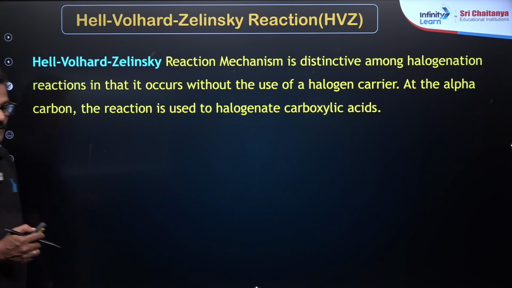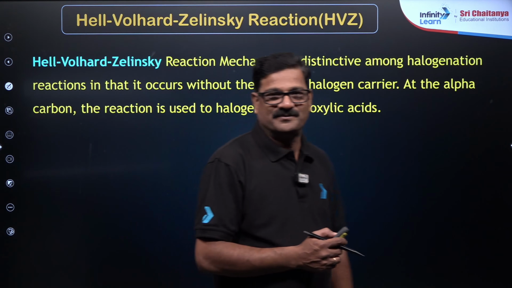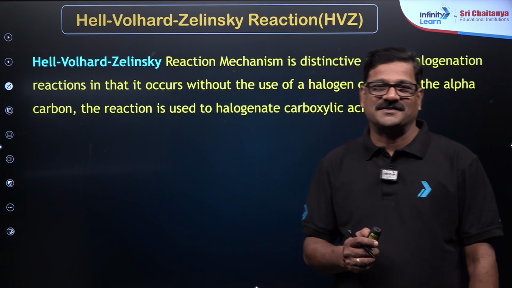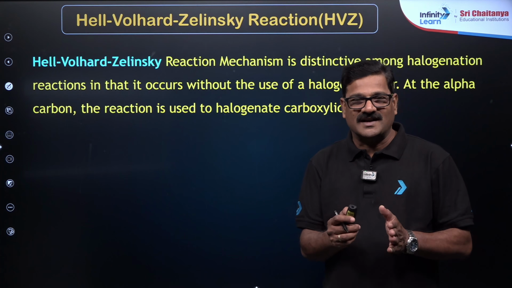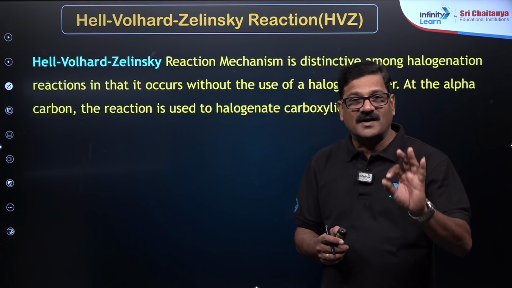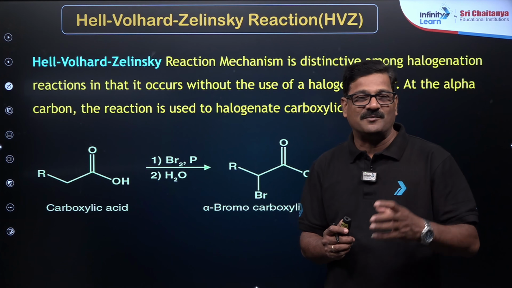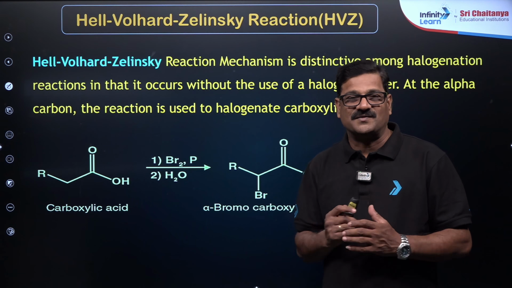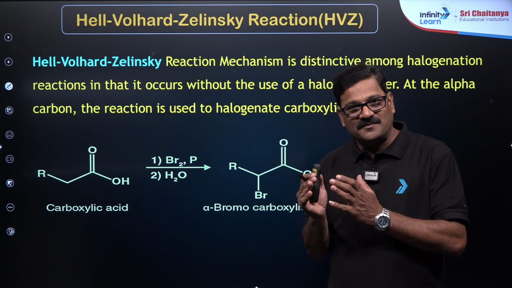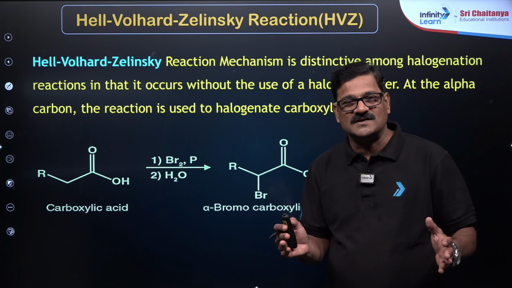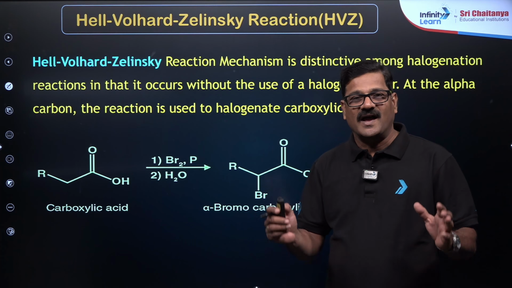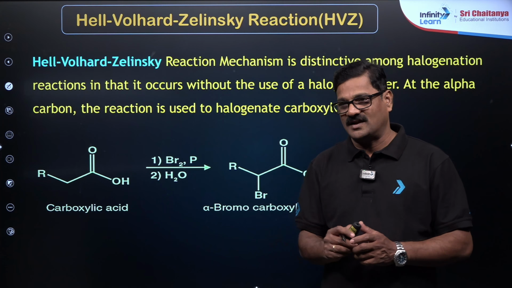Moving ahead, Hell-Volhard-Zelinsky reaction. It is the reaction you study in carboxylic acids at the end. The alpha hydrogen of the carboxylic acid is treated with red phosphorus and chlorine, so the alpha carbon is halogenated. This reaction is called the Hell-Volhard-Zelinsky reaction.